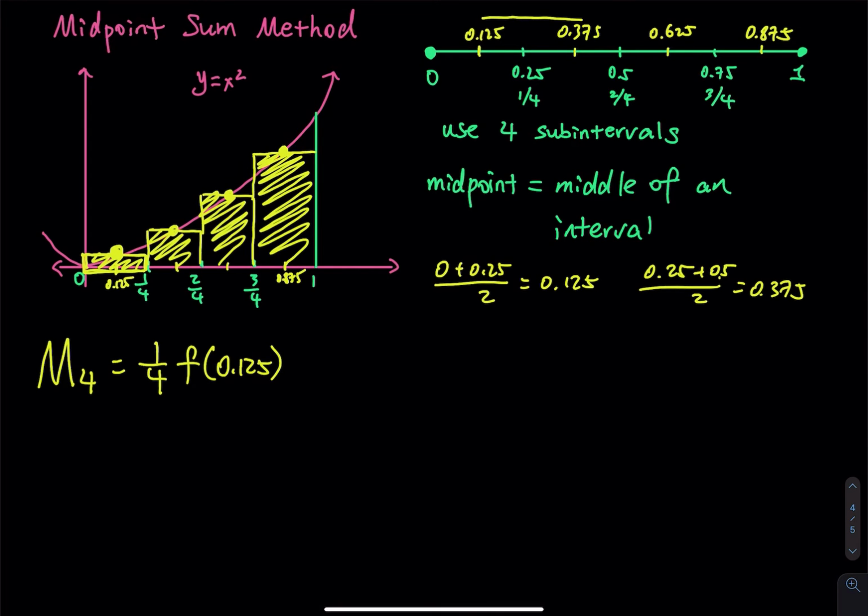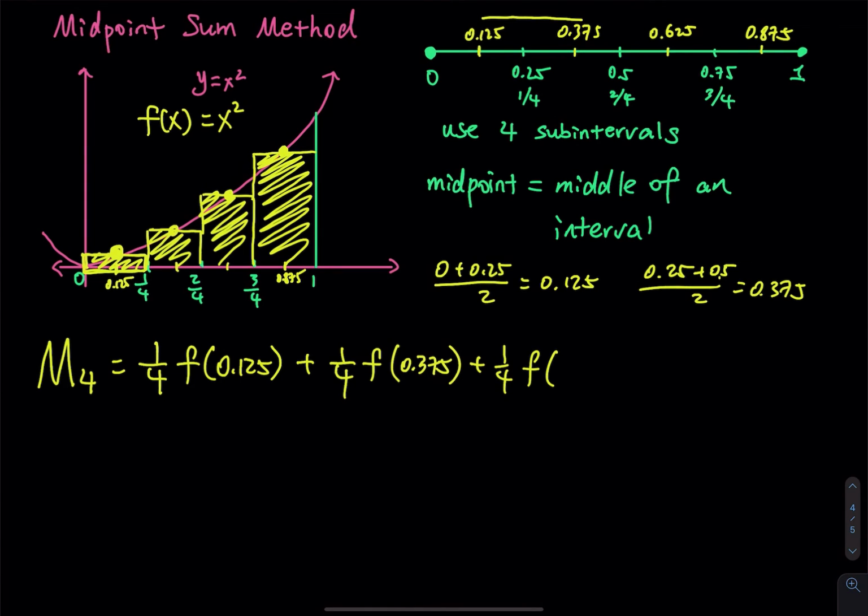So this is base times height, and you get the area of the first rectangle. For the next rectangle, the base is always 1/4, and the height is you plug in 0.375. Or, writing f of x instead of y, 1 over 4 times f of 0.625, and for the last rectangle, 1 over 4 times f of 0.875.